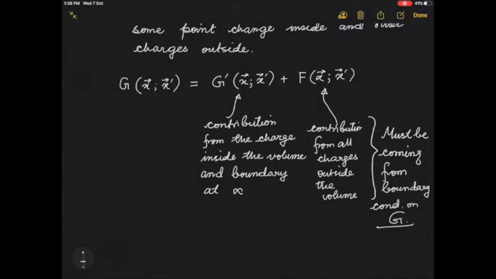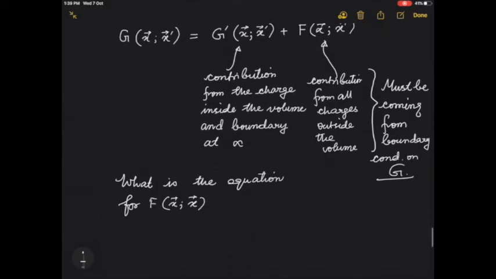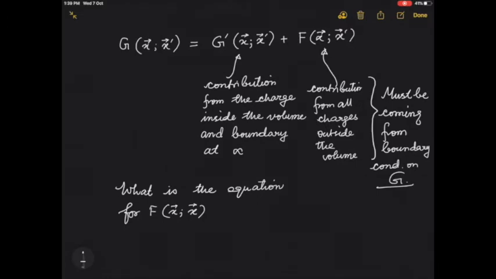Okay, so now what is the equation for F? What is the equation for F? And all the solutions that I am doing are inside the volume on which I can do all the measurements.